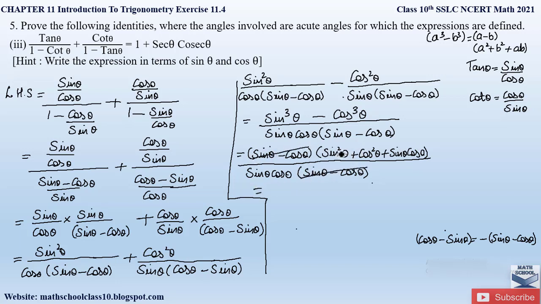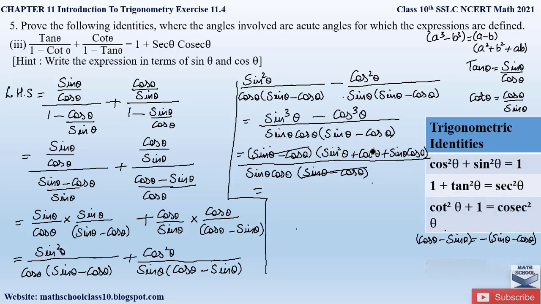Again, here we have sine square theta plus cos square theta. So using our trigonometric identities, we have cos square theta plus sine square theta is equal to 1. So using this identity, we'll write sine square theta plus cos square theta is equal to 1, plus what is left behind, sine theta into cos theta, divided by, again we have sine theta into cos theta. Now let us separate the numerator and denominator.